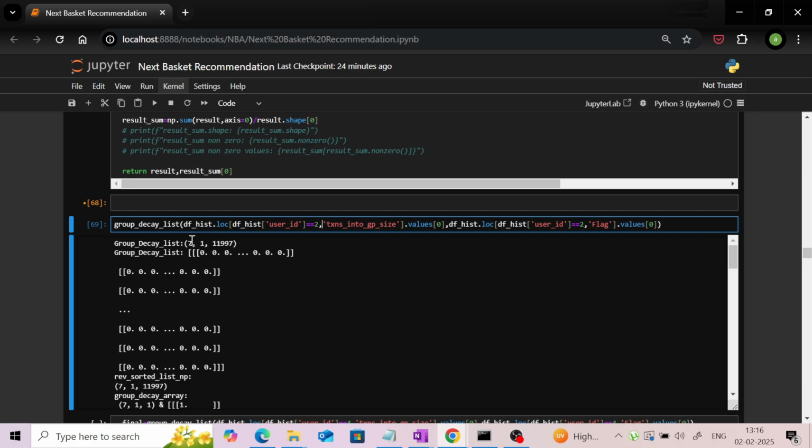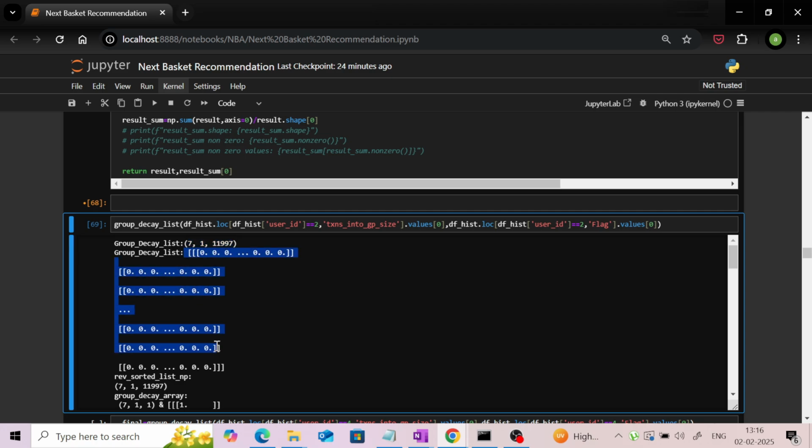So if you see the output for user id 2, we had the 7 groups, and each group is of the dimension 1 by 11,997. And these are the seven group decay lists.